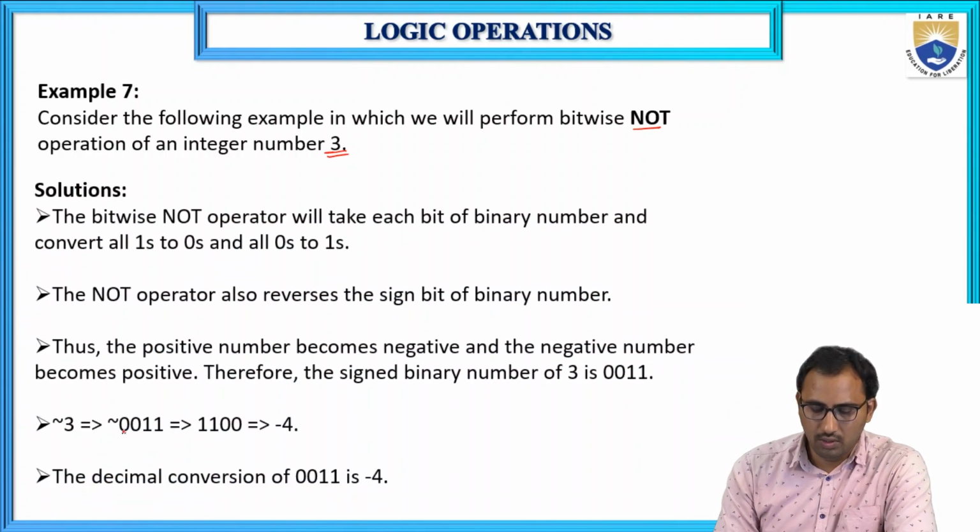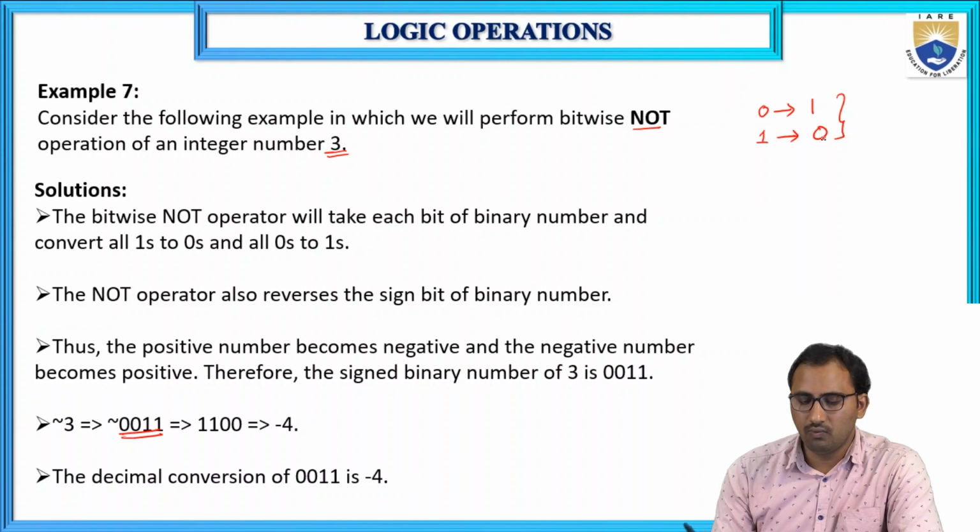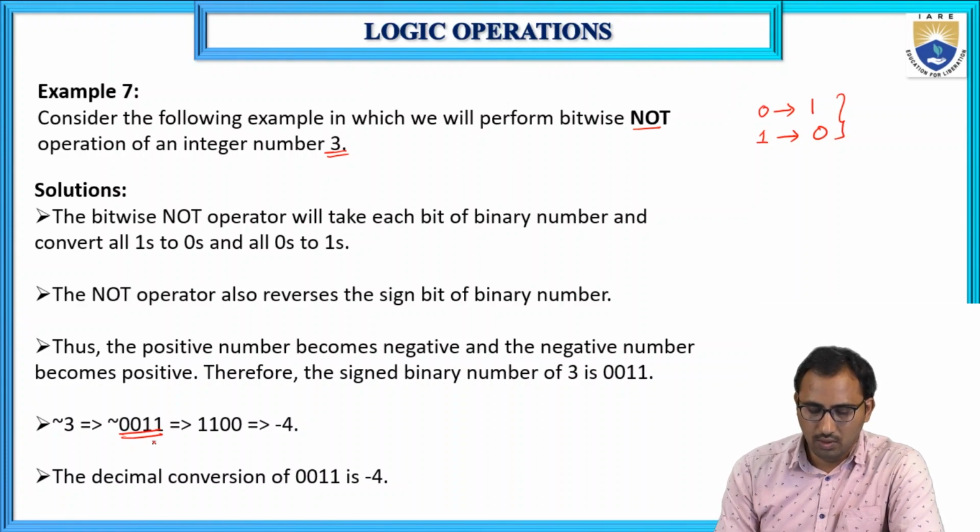Then we perform the complement NOT operation. That means if the input is 0, it will be converted into 1, and if the input is 1, it will be converted into 0. So after performing NOT operation, it gives 1100 as the output.